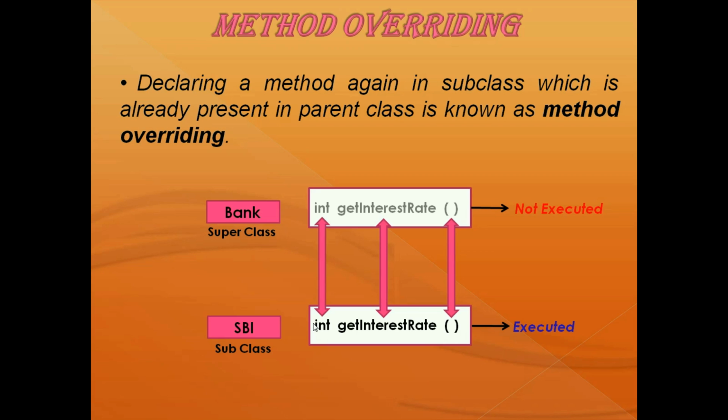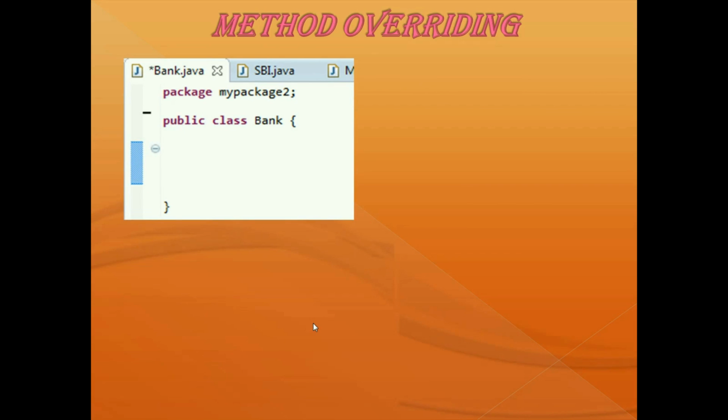Now let's try to understand exactly what these statements mean with the help of a simple example. Here we have defined a superclass called the Bank class, and it has one method called getInterestRate which returns the rate of interest of the bank.